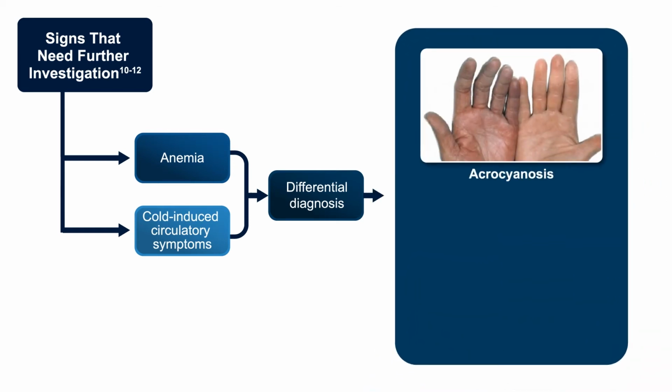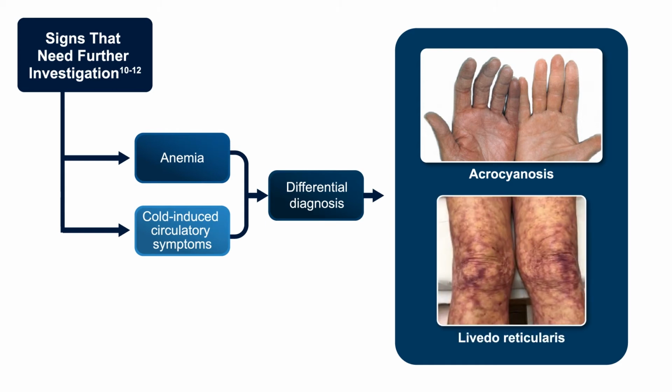Acrocyanosis of the fingers when exposed to the cold, or livedo reticularis, which can appear anywhere on the body and may persist even after that body part becomes warm. So the combination, anemia and cold-induced circulatory symptoms or other circulatory symptoms like livedo reticularis, need to clue us in.